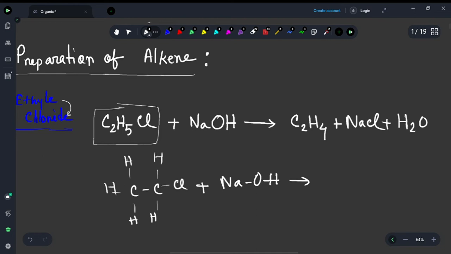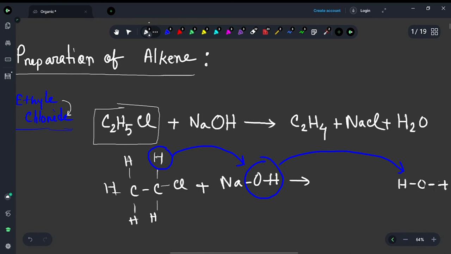First of all, one hydrogen from there, this hydrogen will react with these two things, and produce our last product, which is H2O.